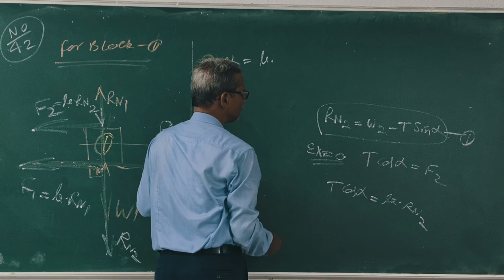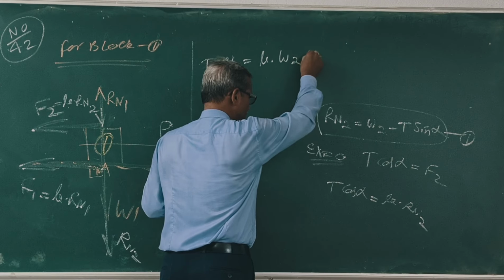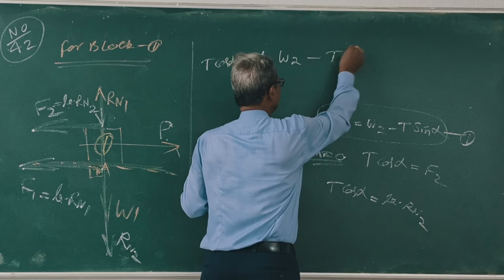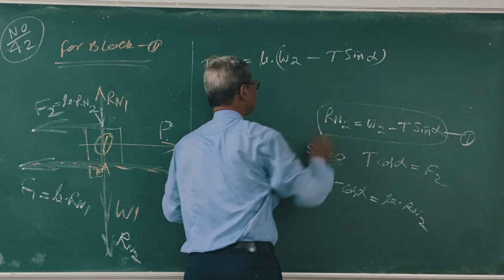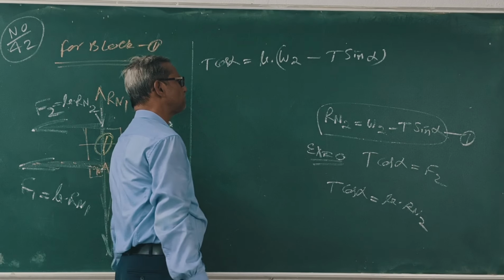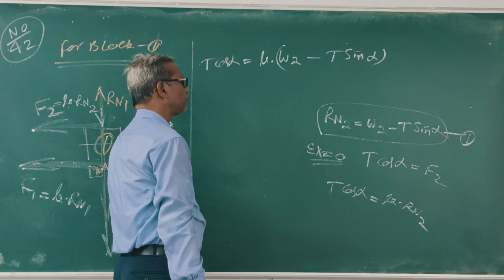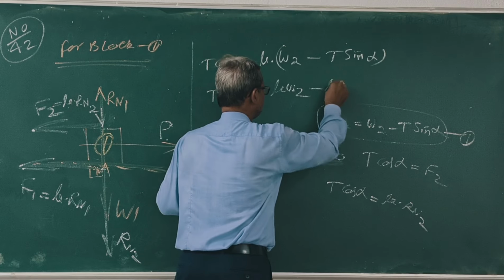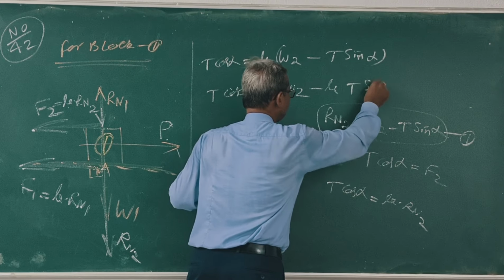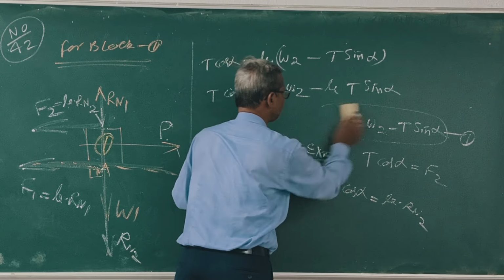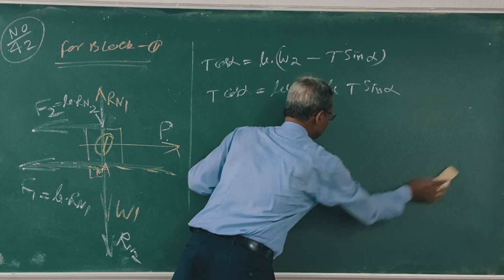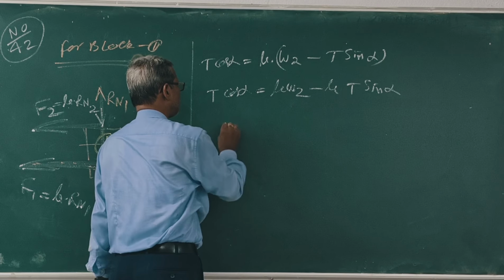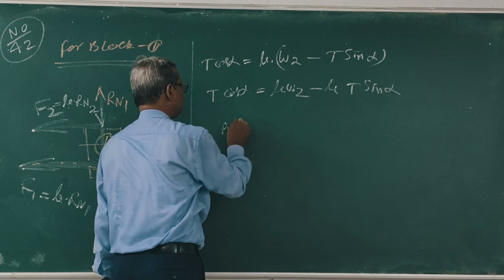W2 minus T sin alpha. Clear? Now T cos alpha is equal to mu W2 minus mu T sin alpha. Clear?